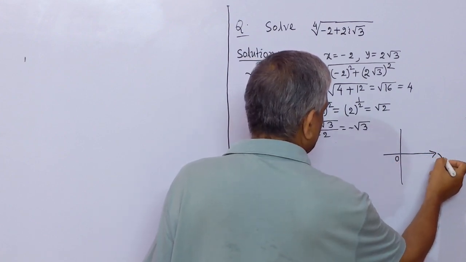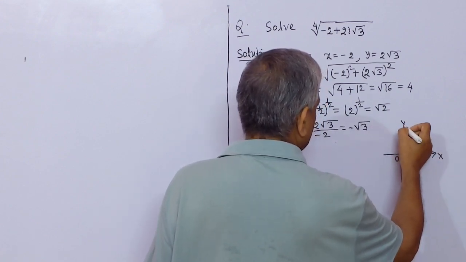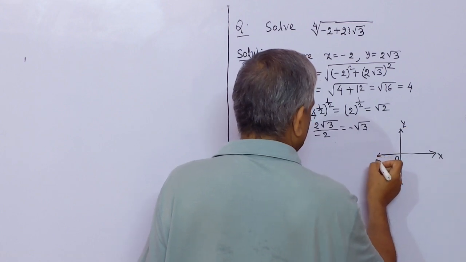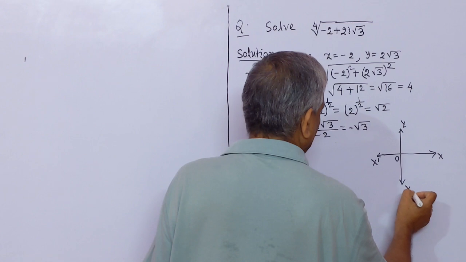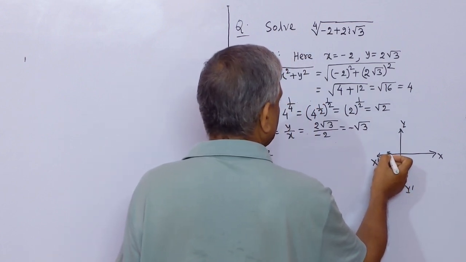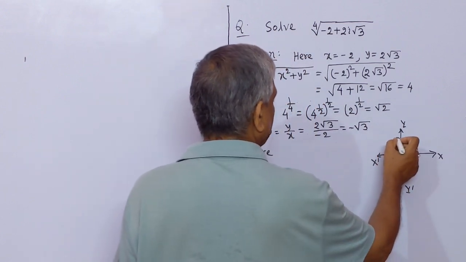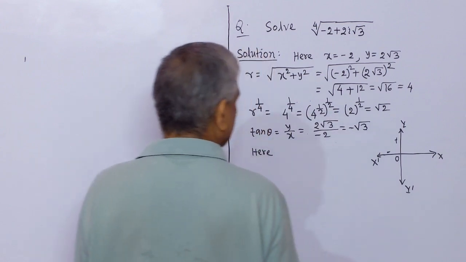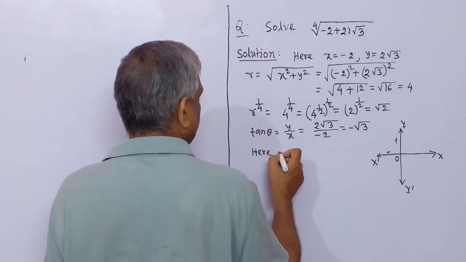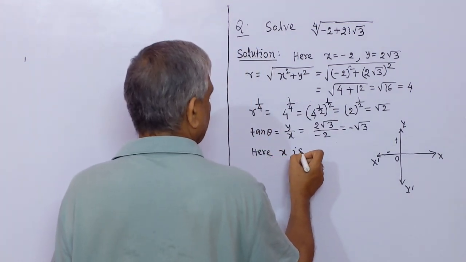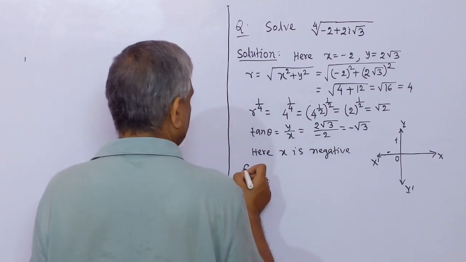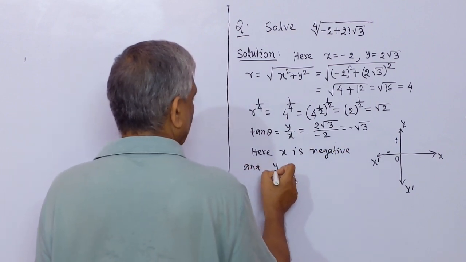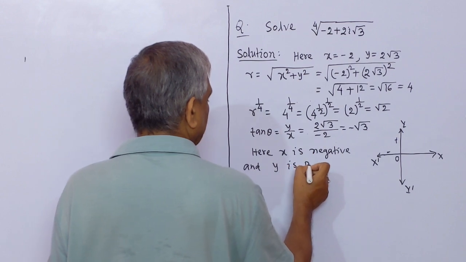Here is the x axis, this is the y axis, this is the negative x axis, this is the negative y axis. x is negative and y is positive.